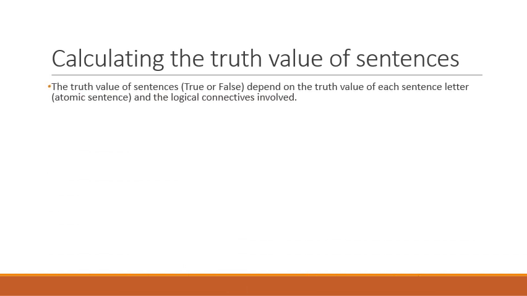One thing to say is that the truth value of the complicated sentence depends on the truth value of each sentence letter, of each atomic sentence. So if your sentence has a P and a Q in it, then whether or not that new sentence is true is going to depend on the value of P and the value of Q, and it's also going to depend on the logical connective involved in the creation of that sentence.